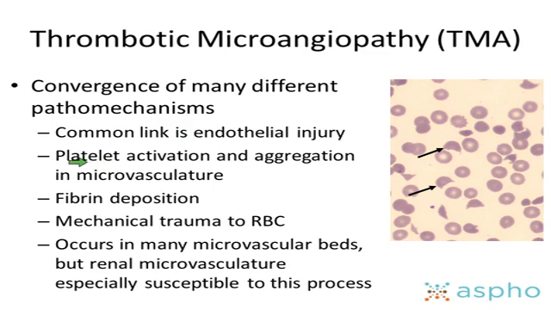An injured endothelial cell surface is a ripe environment for aggregation and activation of platelets, and this ultimately can lead to fibrin deposition in the microvasculature, and the microthrombi that result create shear stress to red blood cells traveling past, causing mechanical trauma, and ultimately fragmented red blood cells like these schistocytes shown here. This occurs in many different microvascular beds throughout the body, but the renal microvasculature does seem to be particularly susceptible to this process.